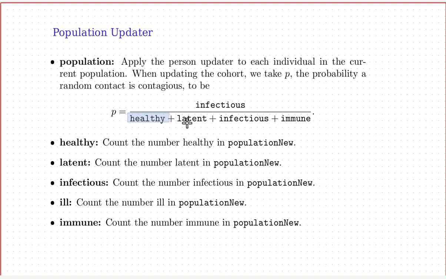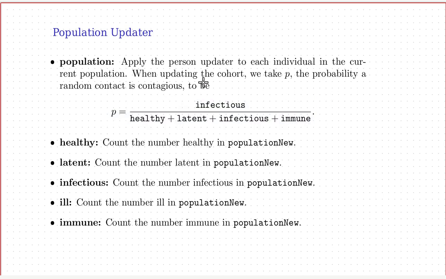And the total number of people you might have contact with would be all the healthy plus all the latent plus all the infectious plus all the immune, right? Just leaving out only the ill people who we assume are self-isolating. And therefore the probability of encountering an infectious person or a contagious person is this number, right? So that's the value of P that we will input into the person updater, right?